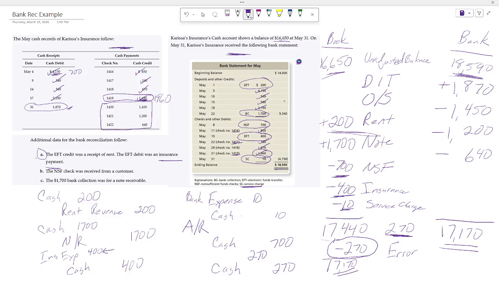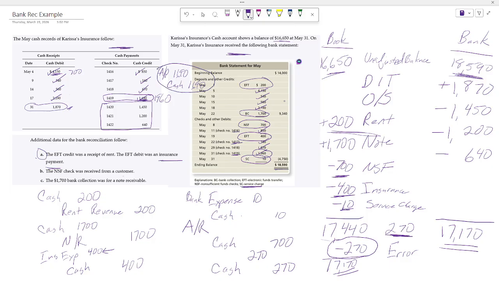The original journal entry in this case, since it was a check, was most likely debiting accounts payable $16.90, we're probably paying an invoice or something, and crediting cash $16.90. So that's the journal entry we are trying to fix.